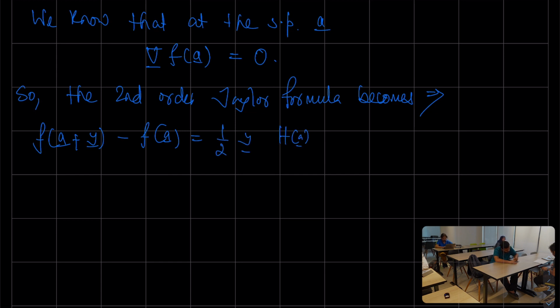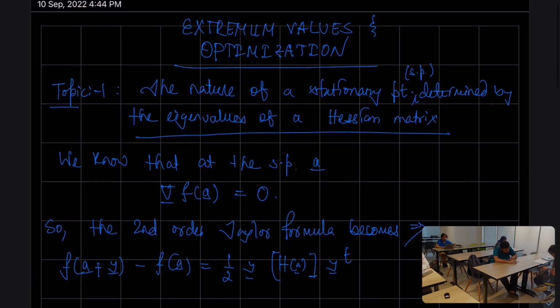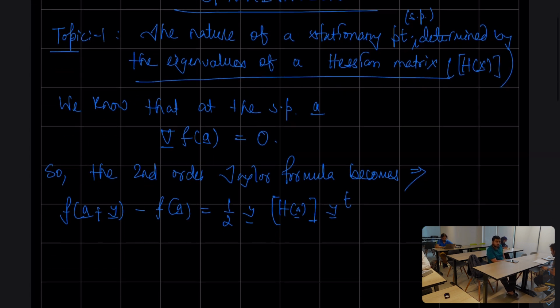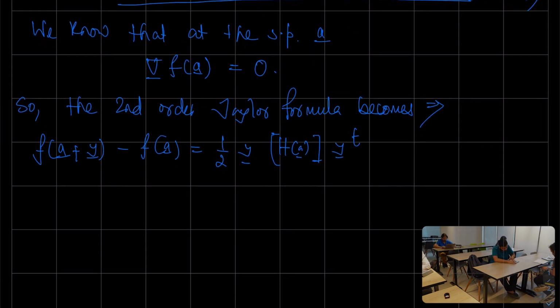For the Hessian matrix I will use this notation. This is a matrix, and the Hessian matrix will be denoted by this symbol, third bracket. And the y's are row vectors. That's the second order Taylor formula.